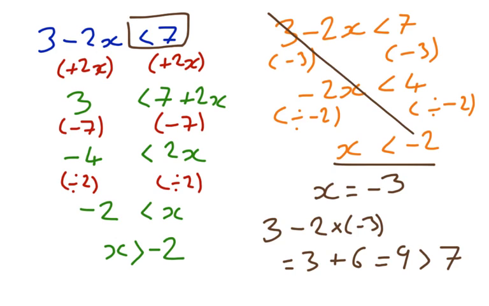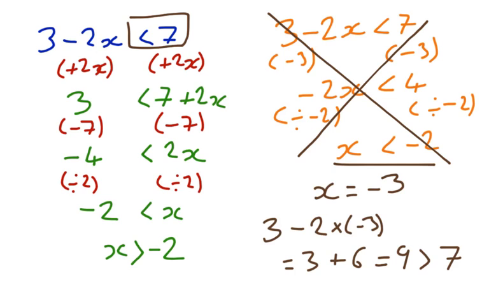So this method over here does not work. This is really important. When you have a negative x in an inequality, you must get the negative to the other side of the inequality. So you have positive x's before you do any divisions.